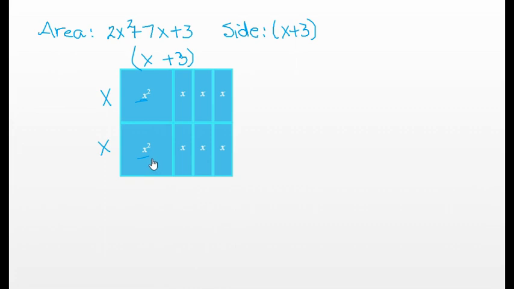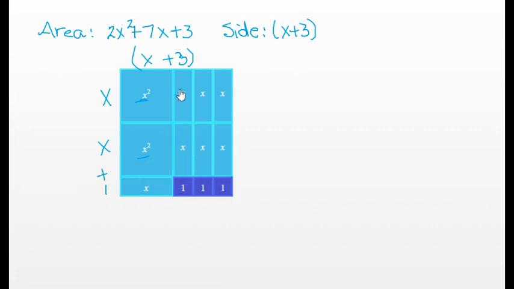Well, now I've got 2 x squared and 6 x's, but I need 7 x's altogether. So if I take another x tile and add it to this side, I'm adding 1. Now I have a side length of 1 and a side length of 1 here, which means I can fill those in with single unit blocks.